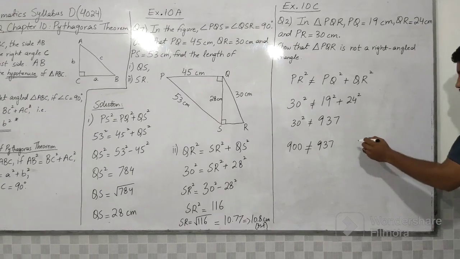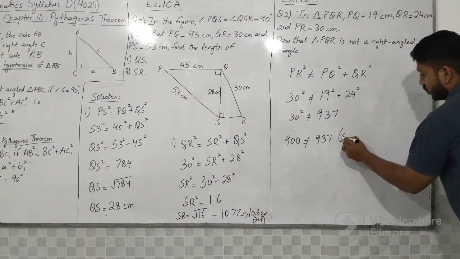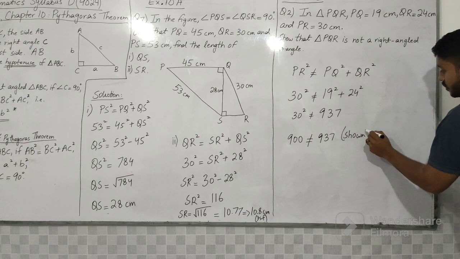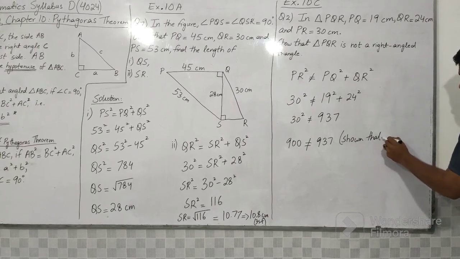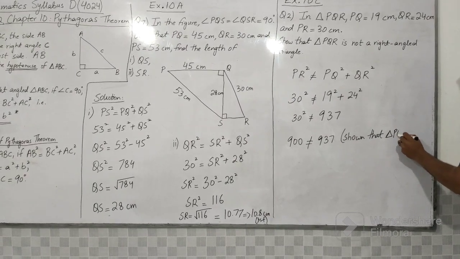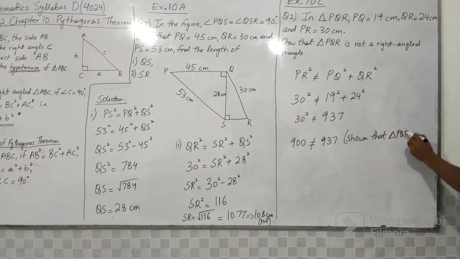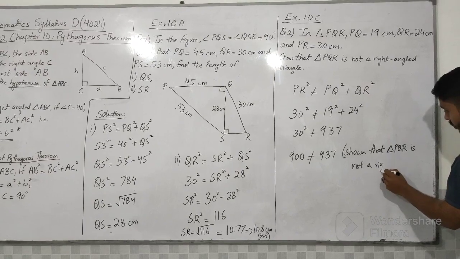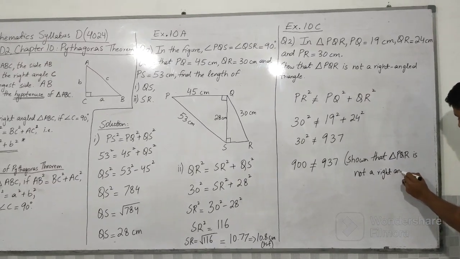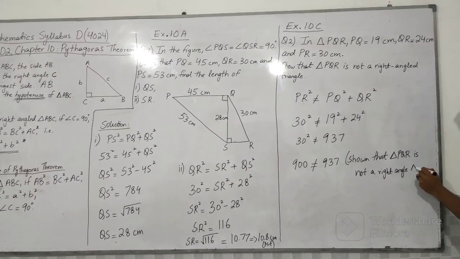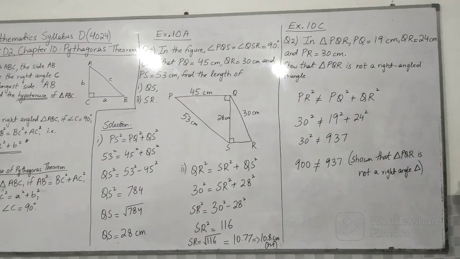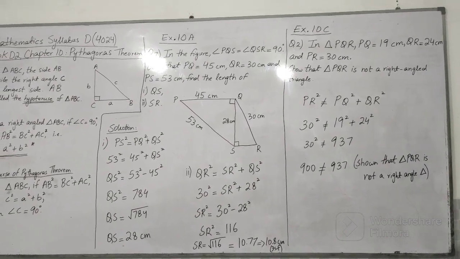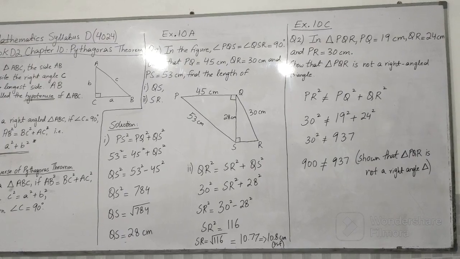So it's not equal. So now we have shown that triangle PQR is not a right angle triangle. So this will be the solution of question number 2 of exercise 10C.